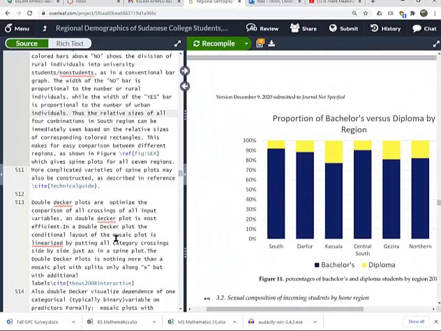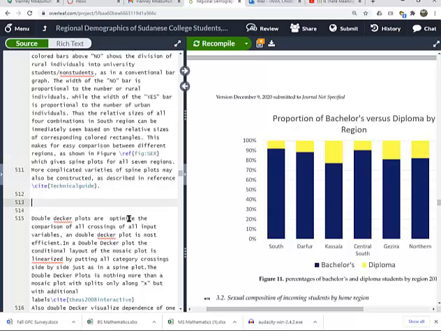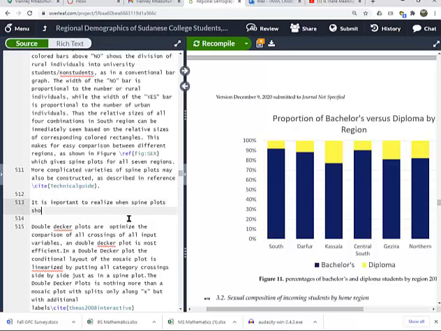I should say here also, it is important to realize when spine plots should be used instead of bar charts.